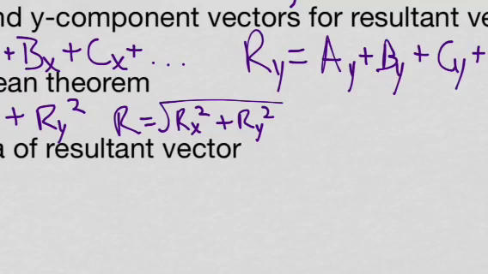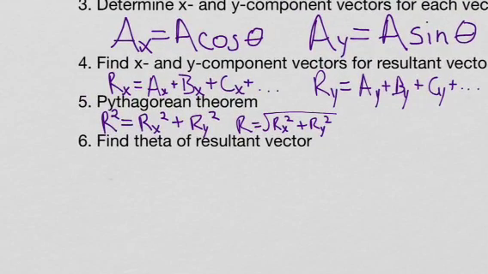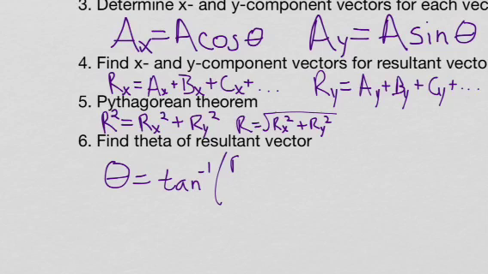Now we need to find the theta, and in our last video we talked about how theta is going to be equal to the inverse tangent of r sub y over r sub x.